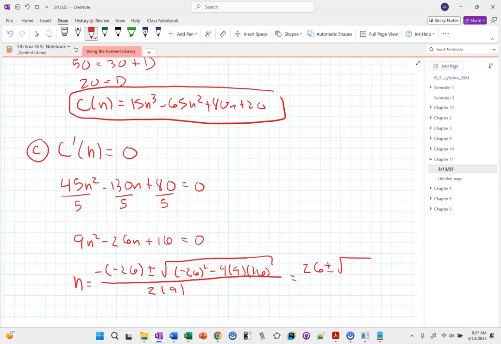26 squared. Who could do that? Geraldine, do 26 squared for me. 676. And then we're going to minus, hold on, 36 times 16. Just do the whole arithmetic under that square root for me: 676 minus 4 times 9 times 16.